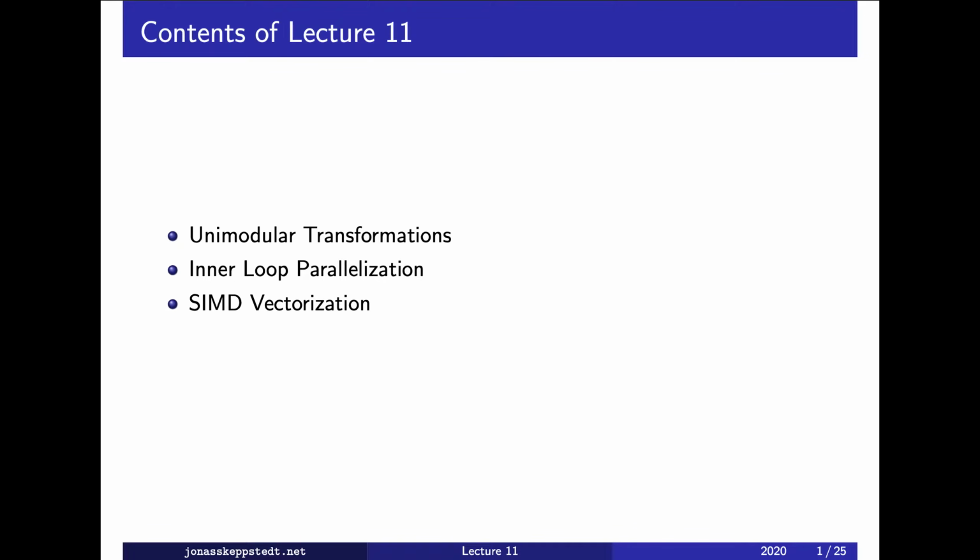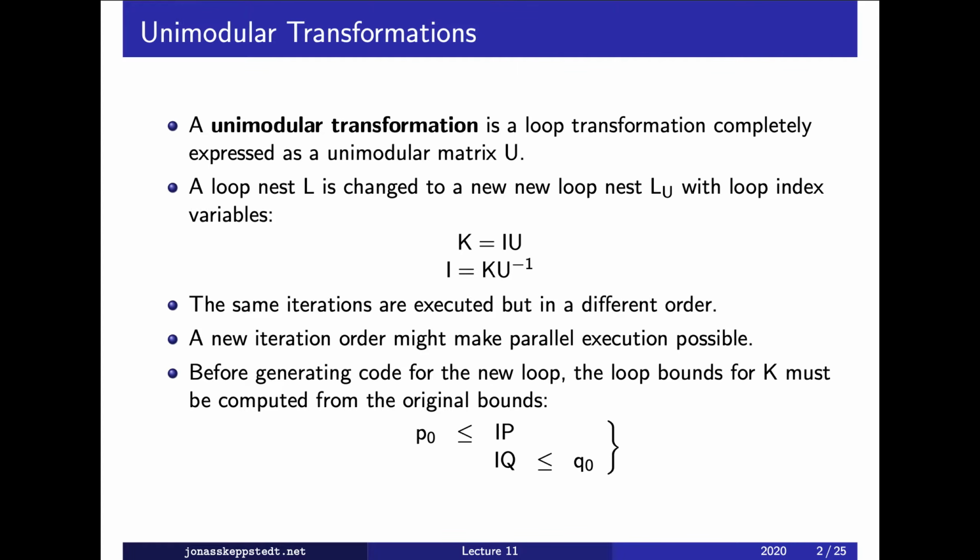Okay, and we will also look at the SIMD vectorization in a particular compiler. So, a unimodular transformation is a loop transformation which is completely expressed in a matrix. And what we do is to create new index variables from the original.